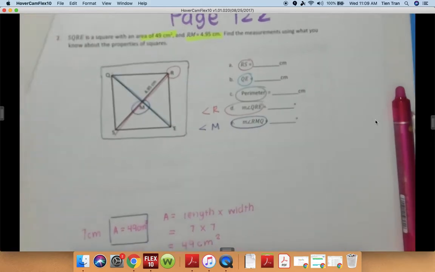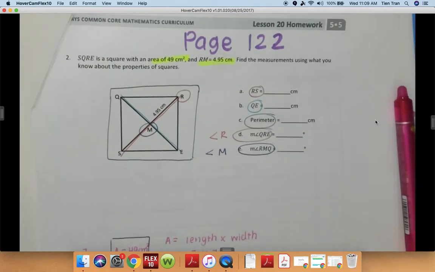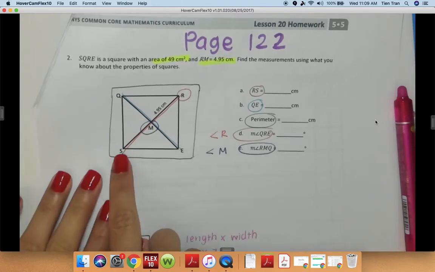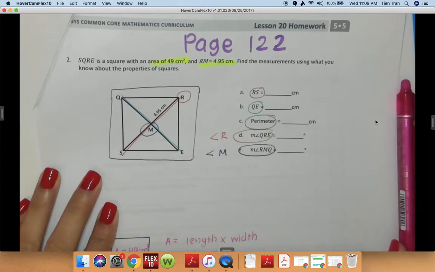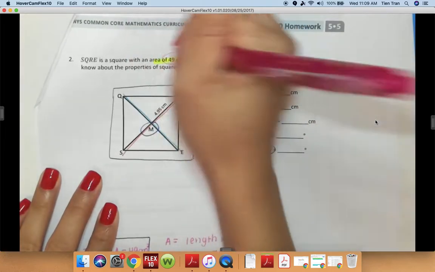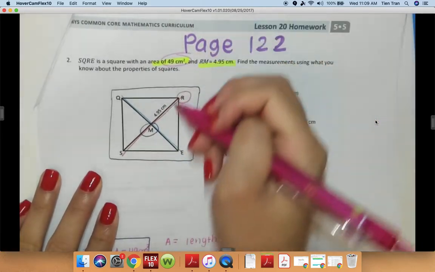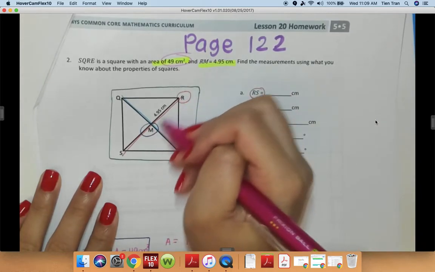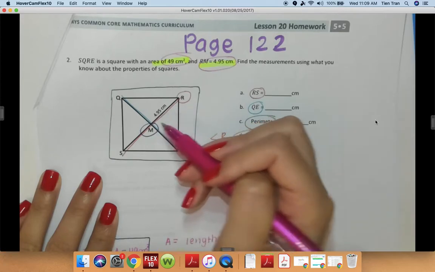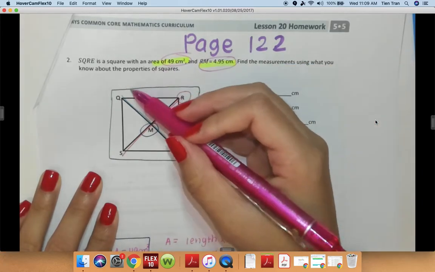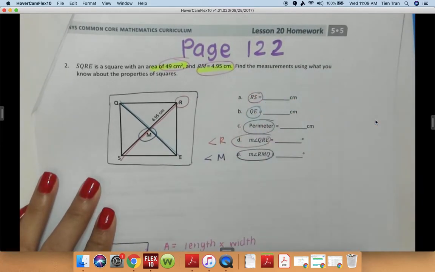And we're on page 122, and they give you a word problem to do. Number 2 says SQRE, which is right here, SQRE is a square with an area of 49 centimeters squared. RM, which is side R and M, is equal to 4.95 centimeters. They labeled that for you. Find the measurements using what you know about the properties of squares.